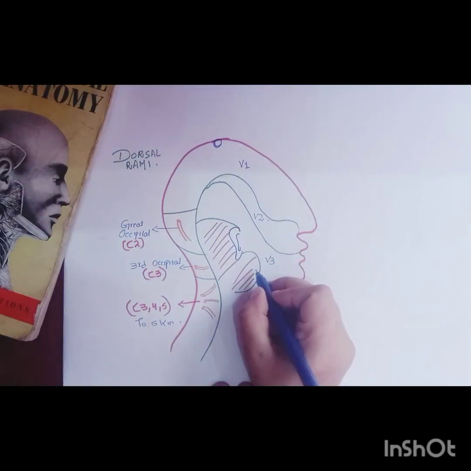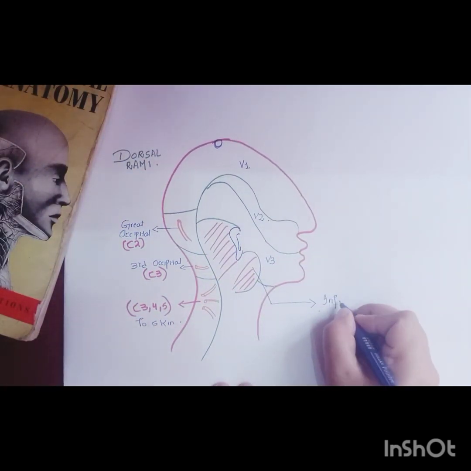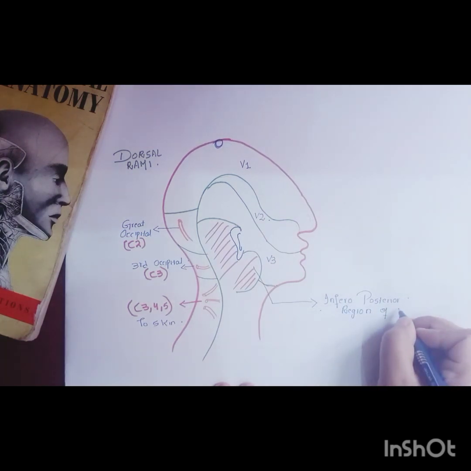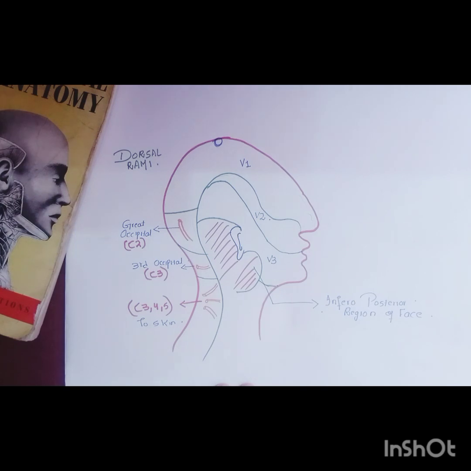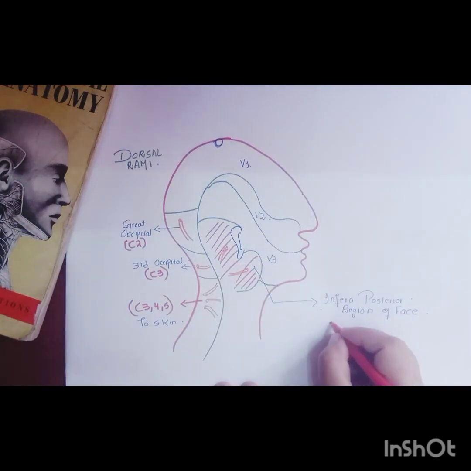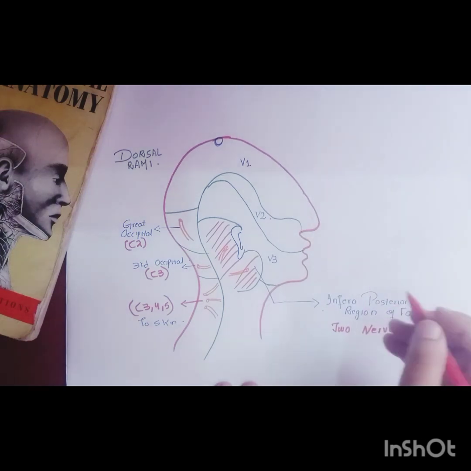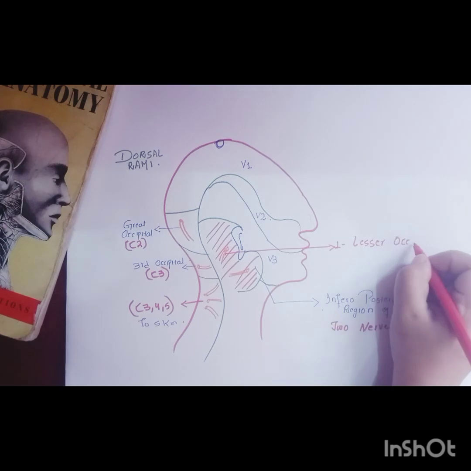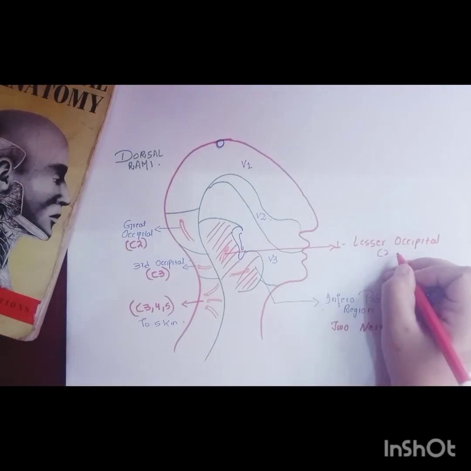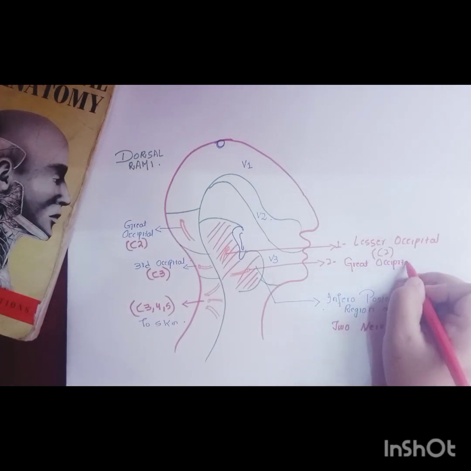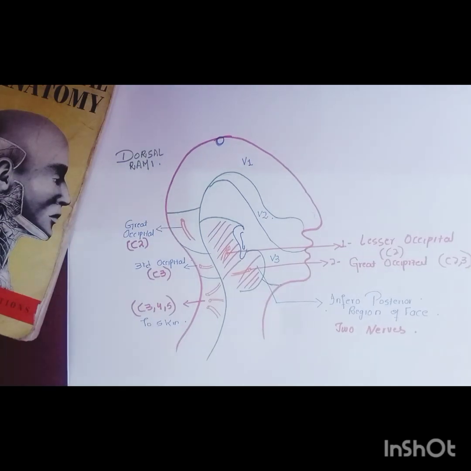Now, this region is the infra-posterior region of the mandible, basically the inferior region of the auricle, and this is supplied by two important nerves. The first one is the lesser occipital nerve from C2, and the other is the greater auricular nerve from C2 and 3.